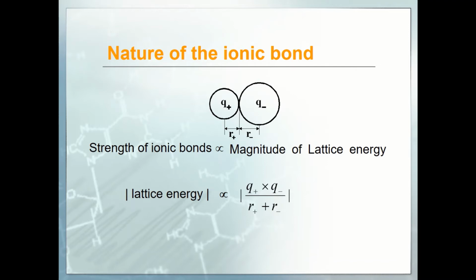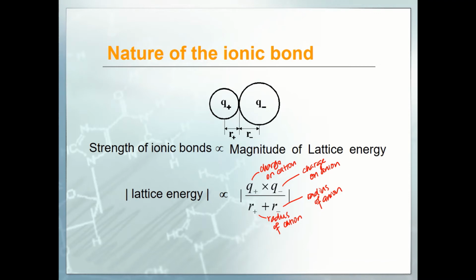Q+ refers to the charge on the cation, whereas Q- refers to the charge on the anion. r+ is the radius of the cation, whereas r- is the radius of the anion.